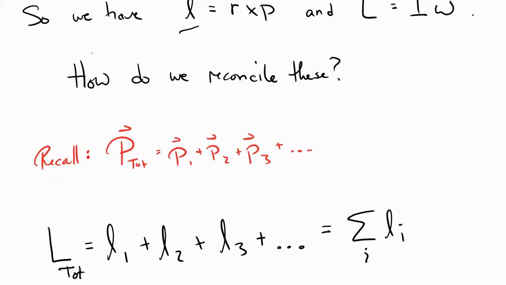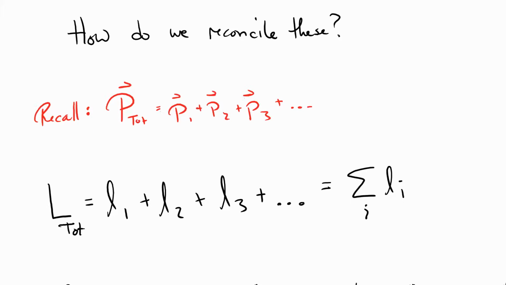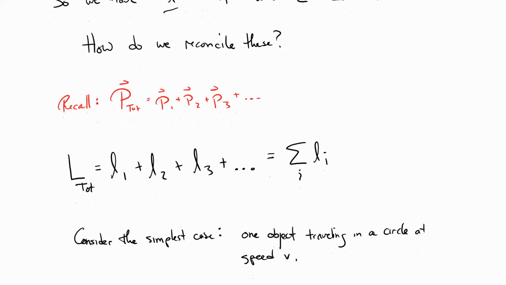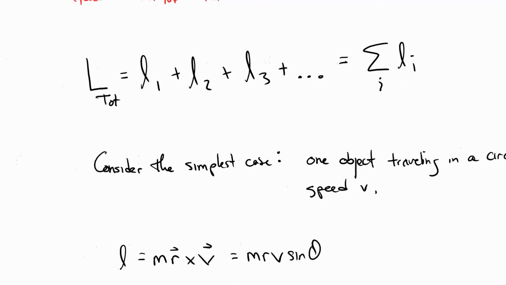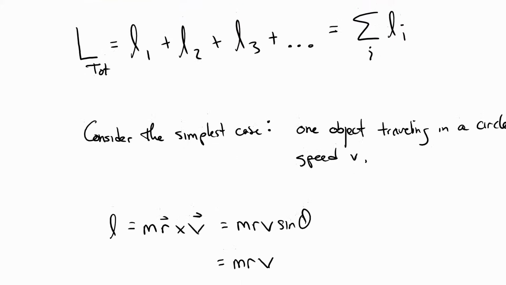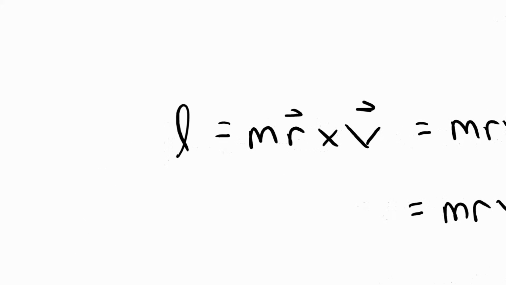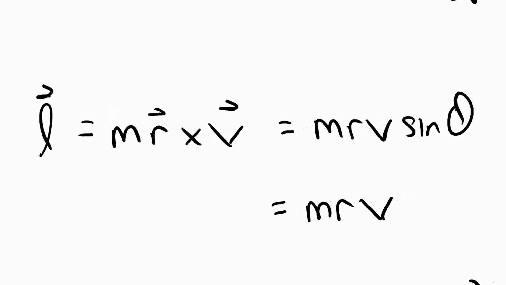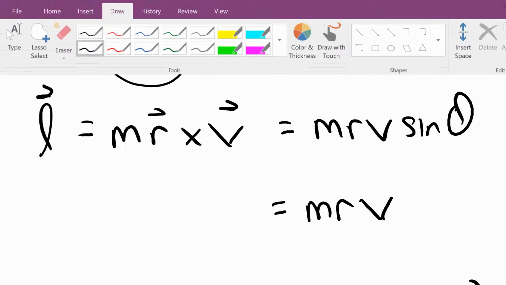Now, the reason this is going to be useful is that it lets us shift between these two definitions. Consider the simplest case, an object traveling in a circle at speed v. This would be our angular momentum, m r cross v. When I take the cross product, I get m r v sine theta, where theta is the angle between r and v.